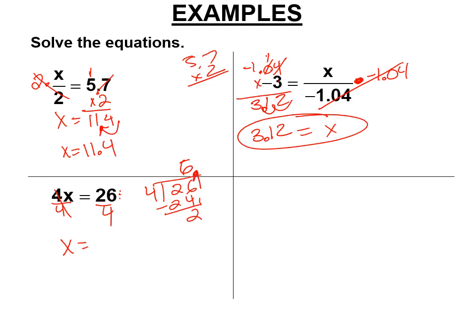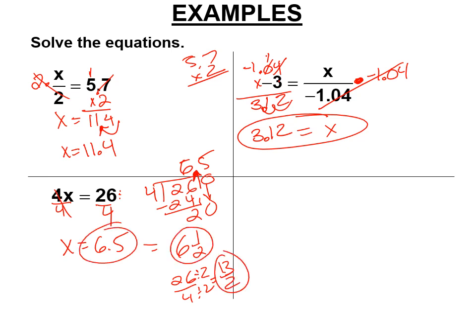Decimal straight up when you're out of numbers. 0 straight down, 4 into 20 is 5, so it is 6.5. But you also could have written 6 1/2. You could have done 26/4 simplified is 13/2. All of those are correct.